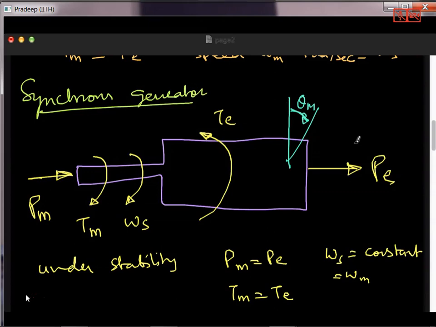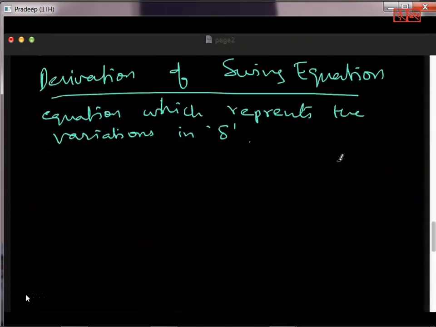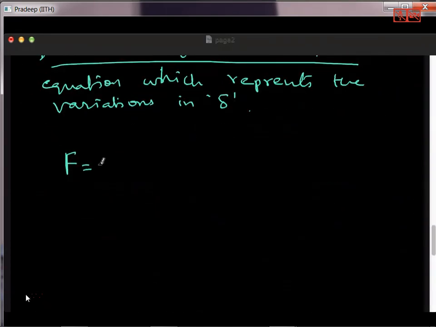We have something like this, F equals m a. This is Newton's law, and this is just for linear motion. What is this?